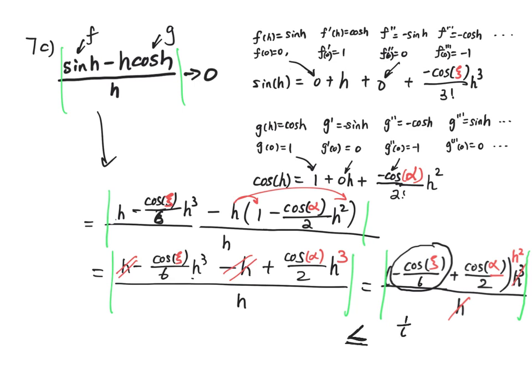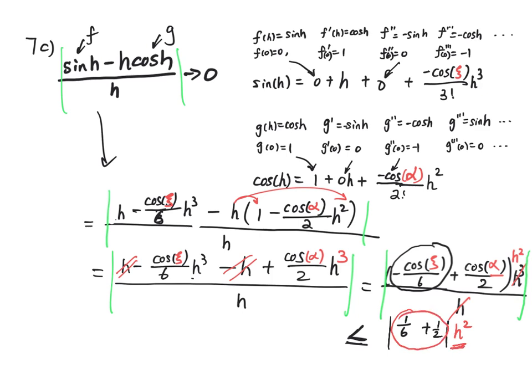I know this term is less than or equal to 1/6. Similarly, for this term, no matter what alpha is, it's gonna be less than or equal to 1/2. So plus 1/2, right? So this is where the bound comes in, and I'm still left with h squared. I really don't care about what this value is.